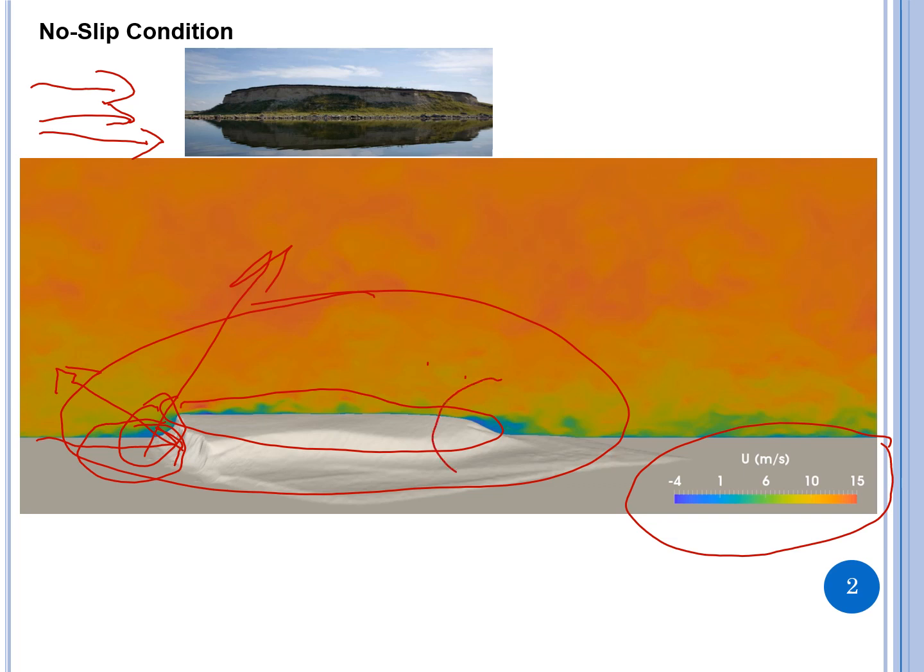If you look at this region here, you still see a negative velocity. Now remember, the fluid is moving in this direction, so there is no place around here where it is going to strike and come back to show negative velocity, but you do see a negative velocity in this region.